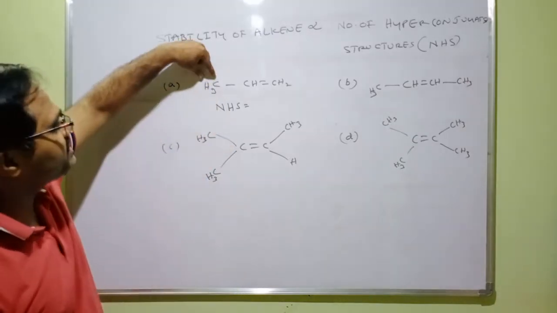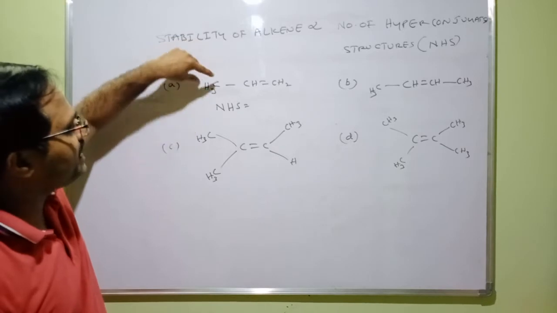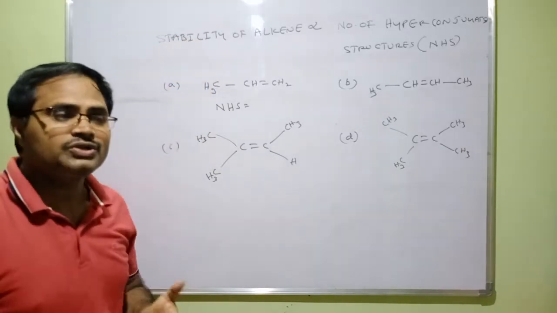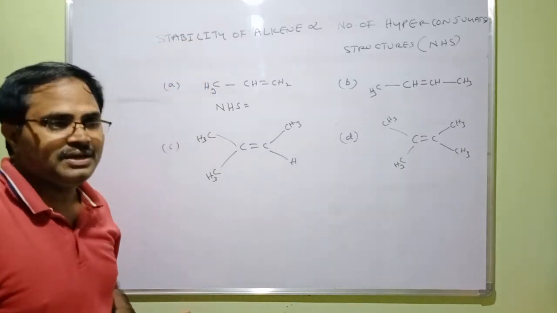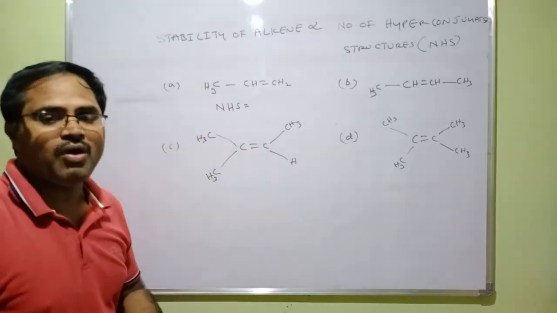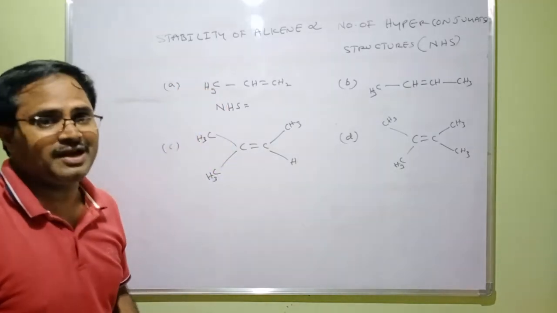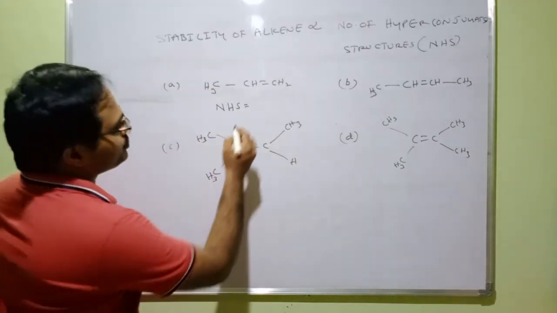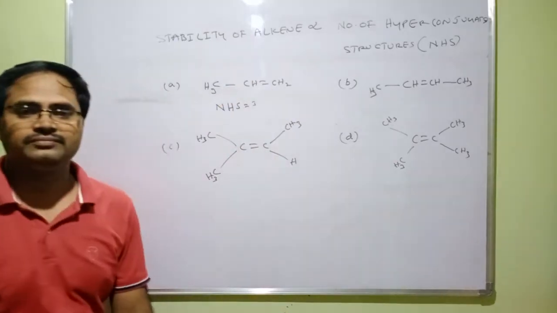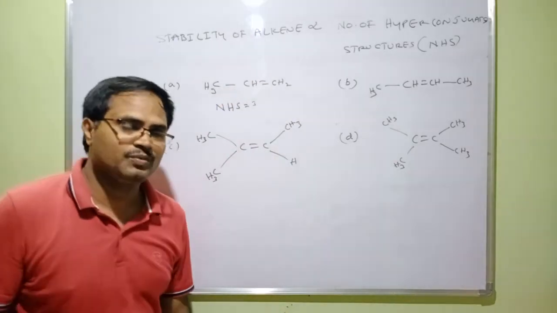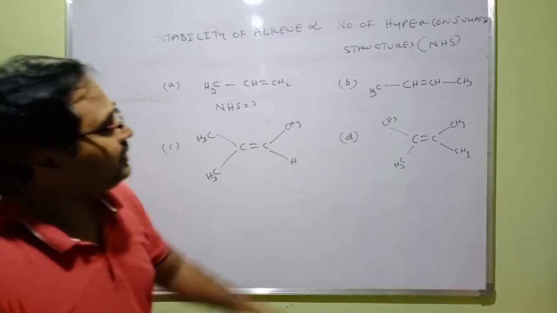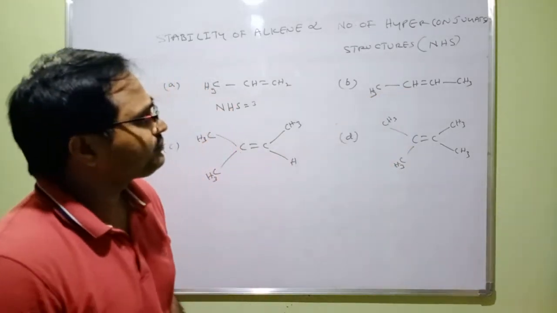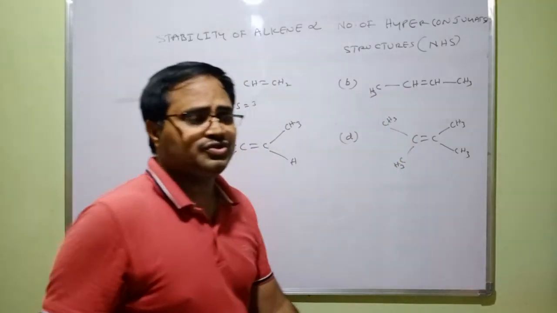Here there are 3 hydrogens, so 3 CH bonds. Since we have 3 CH bonds at the alpha sp3 carbon, the number of hyperconjugated structures would be 3. Fine. Now let us see here. How many hyperconjugated structures will you get here?